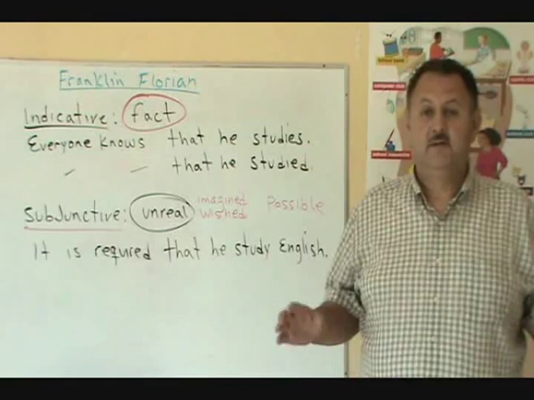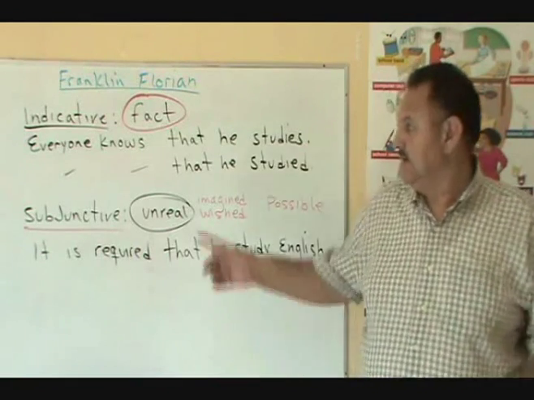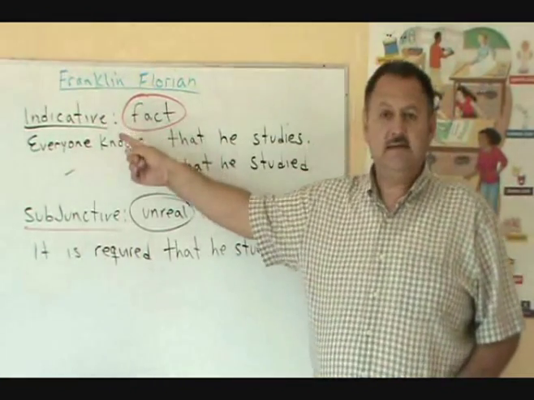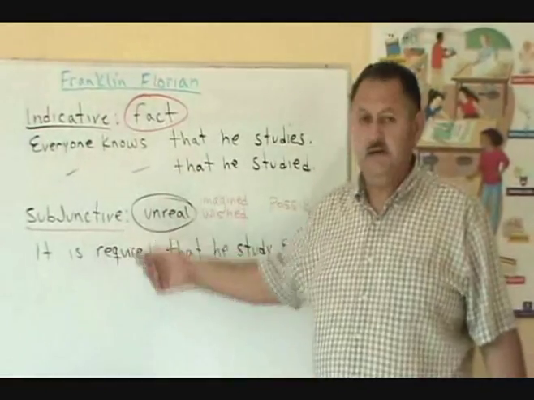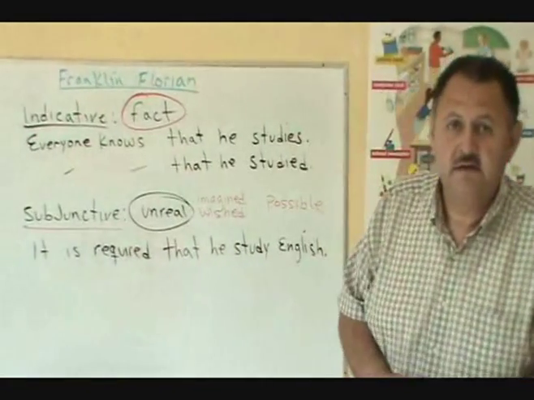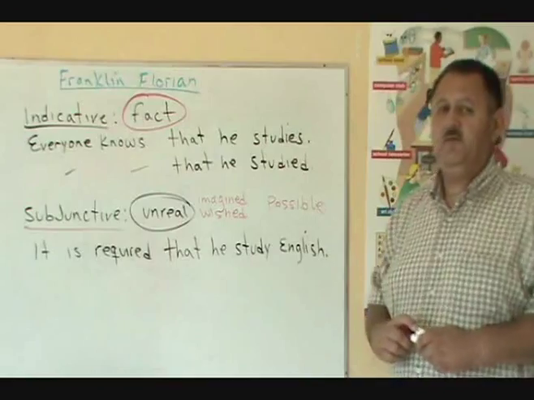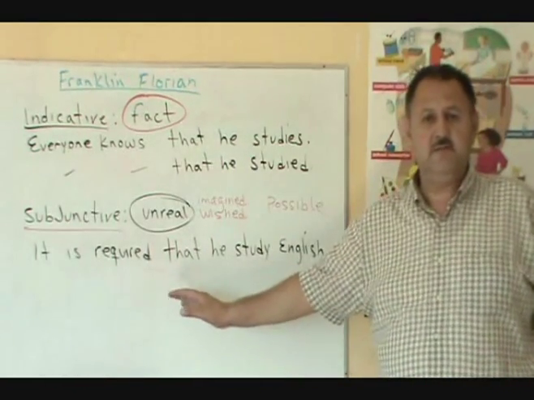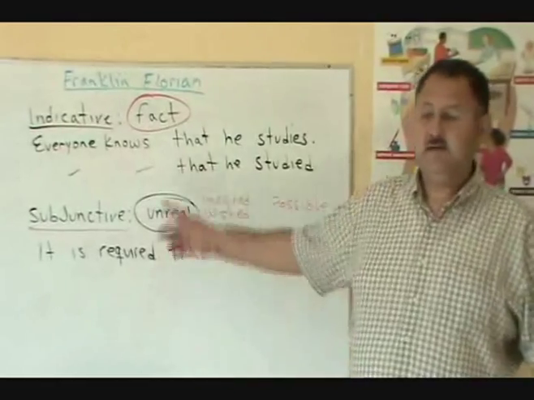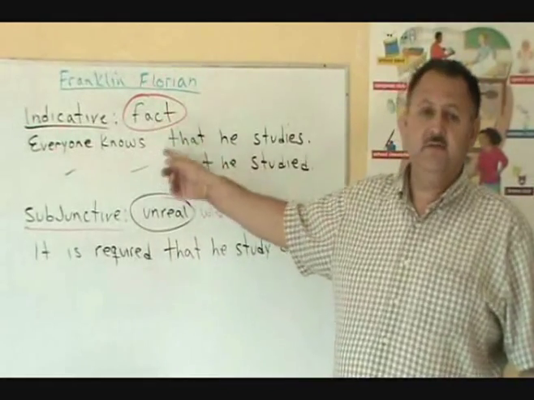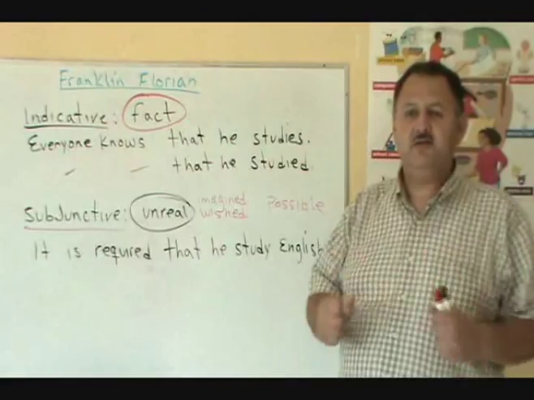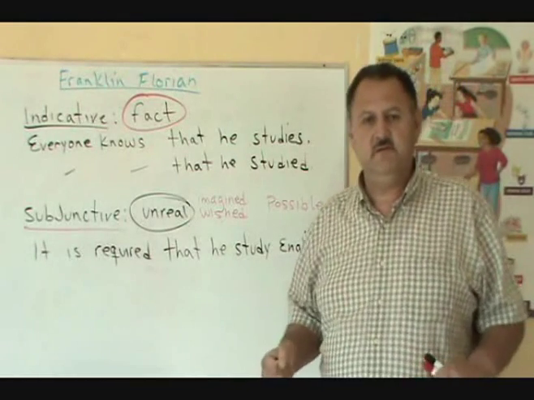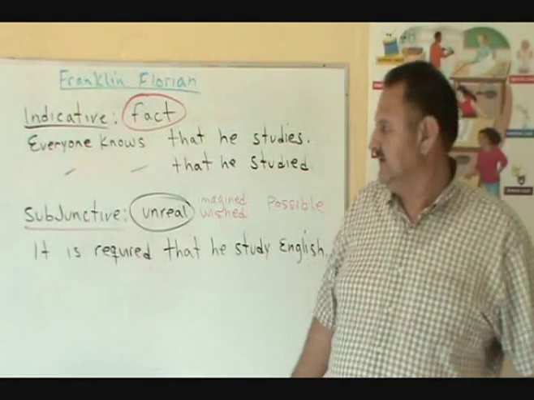What we are seeing is an example in the indicative and an example in the subjunctive. I remind you that the indicative is a fact. Facts, whether negative or positive, but they are facts, realities.